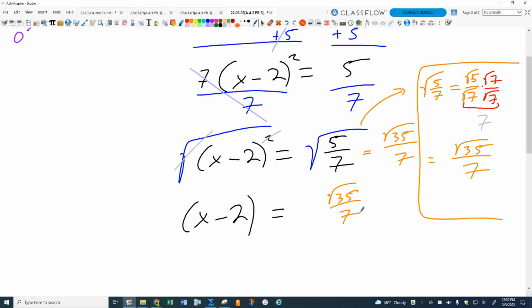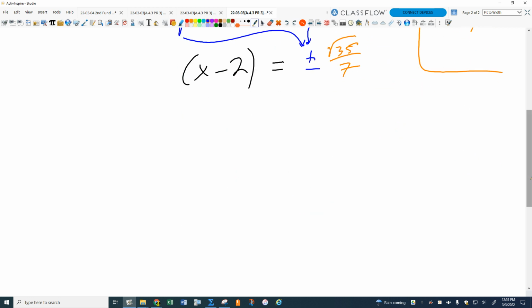But what do I need to include? Plus or minus, because of the square root property. I square rooted both sides, so I've got to include plus or minus. Last step, add 2 where?